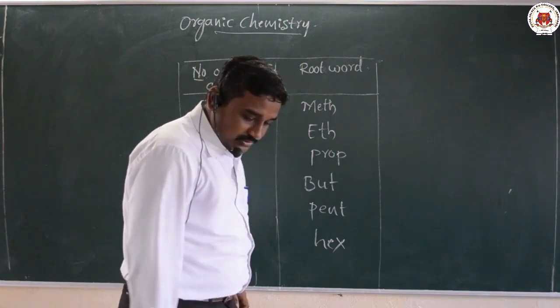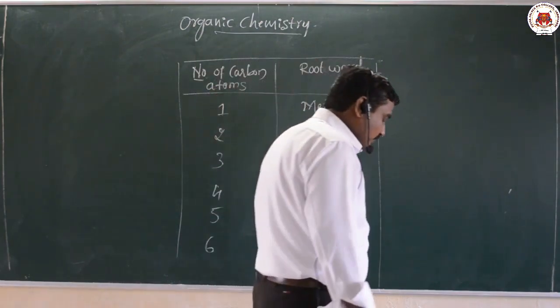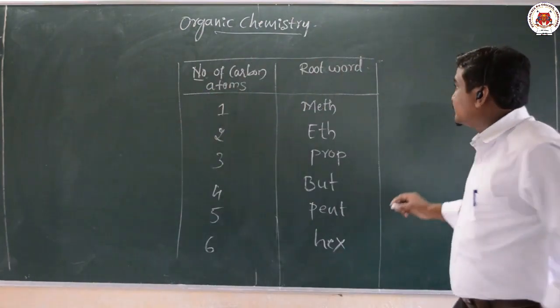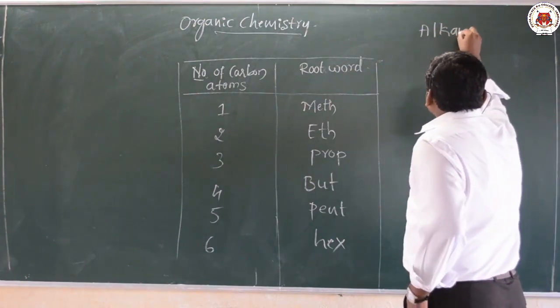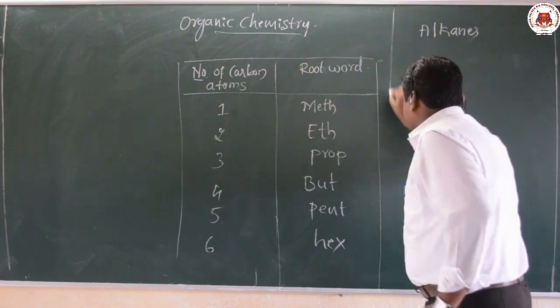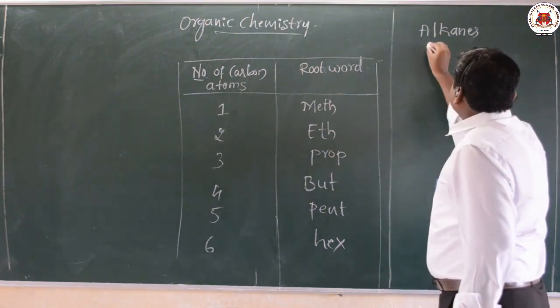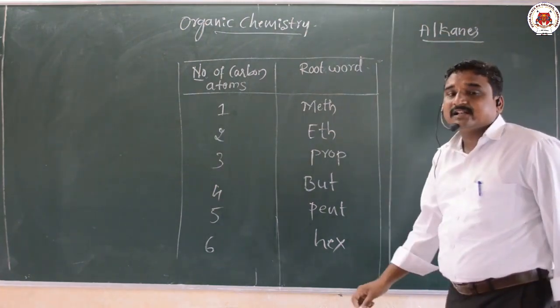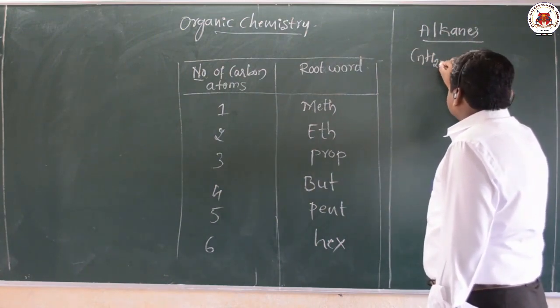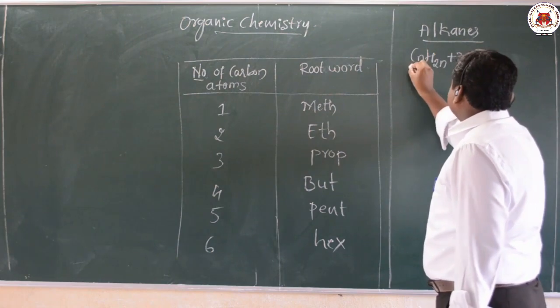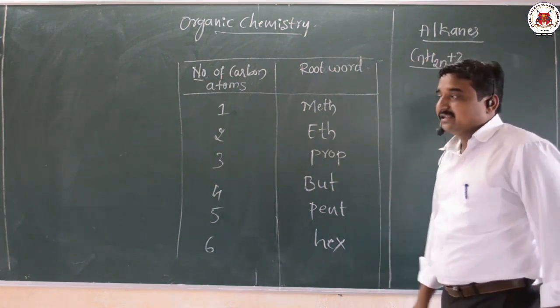First of all, I would like to discuss the alkanes. I will write here: alkanes. Alkanes have a general formula, CnH2n+2. This is the general formula for the alkanes.